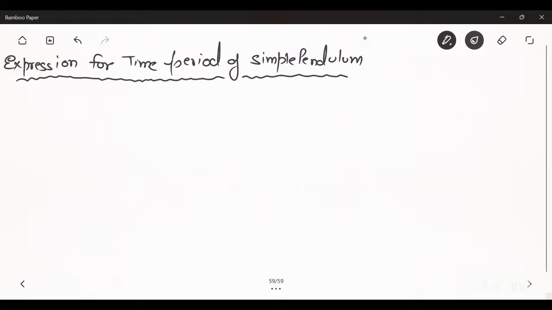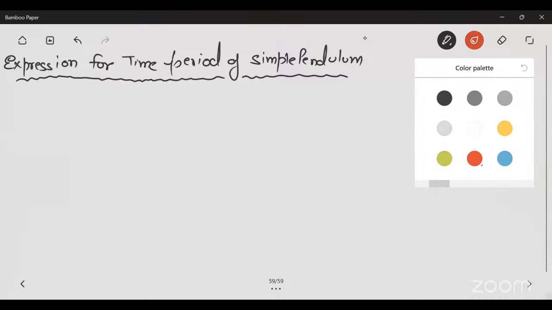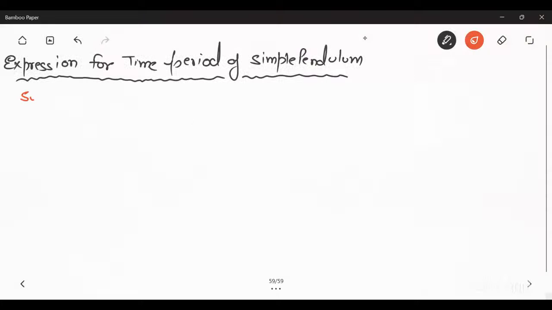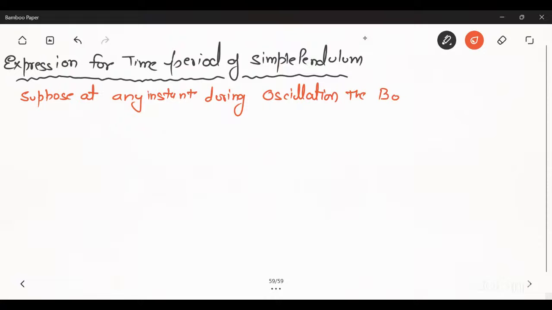Suppose at any instant during oscillation, the bob lies at position P.